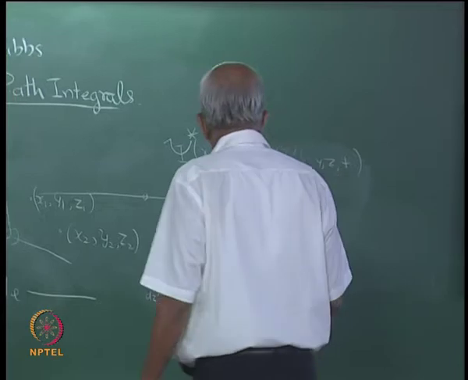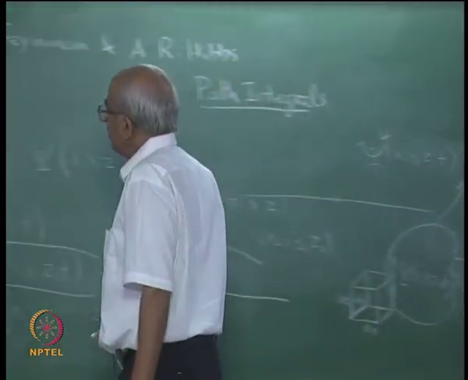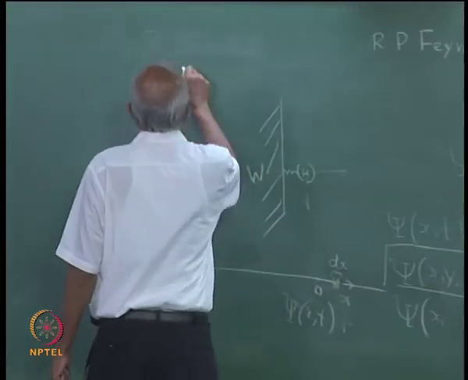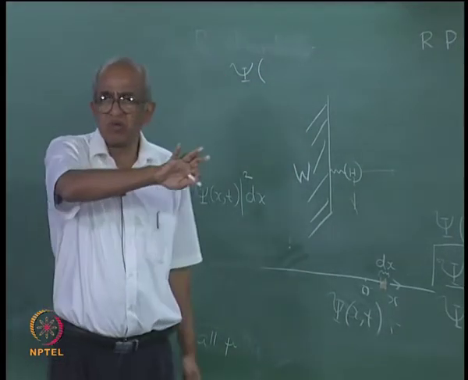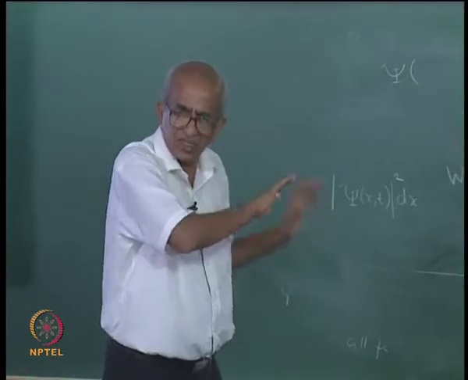And what is usually done is, you see, your psi may depend upon several variables depending upon what your problem is. So, therefore, you do not normally write all the variables.